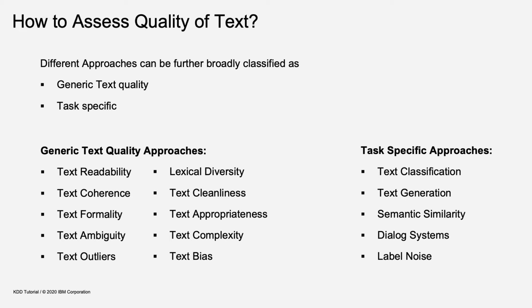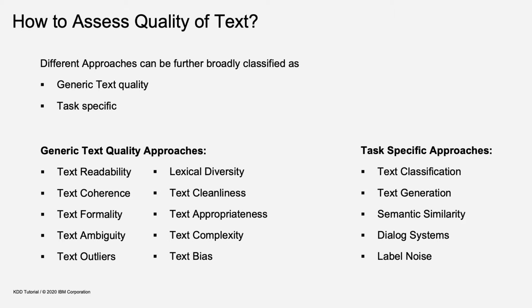We can group the different approaches for assessing text quality across these properties into two broad categories: approaches that assess the generic text quality and approaches that measure text quality with respect to a task. We discussed some of the generic text quality approaches in the previous slide, such as text readability, text complexity, lexical diversity, text cleanliness, etc., that measure the corresponding desired property of the text.